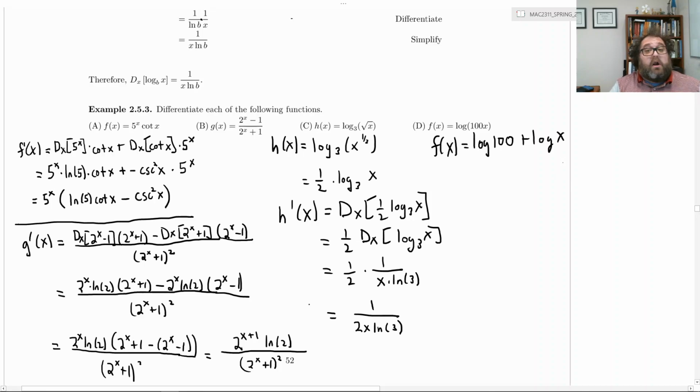Right? That's the product rule that we used recently. Okay, so now I can differentiate and say f prime is the derivative of these individually, log 100 plus the derivative of log x.